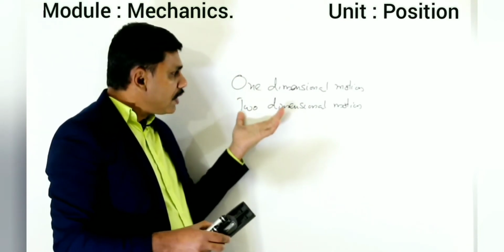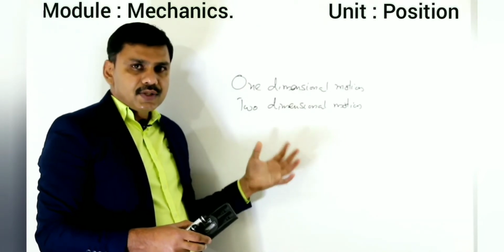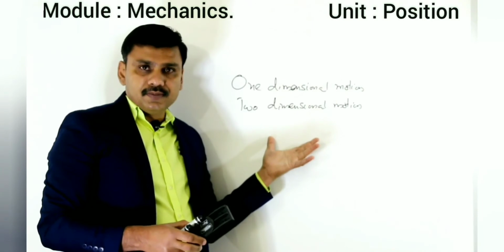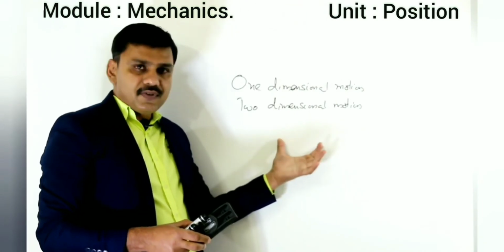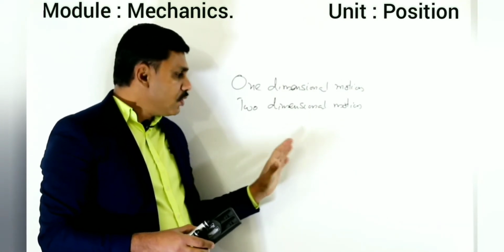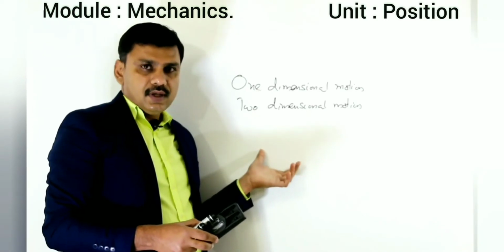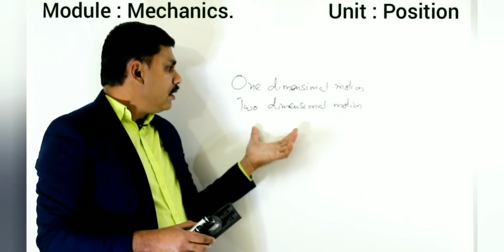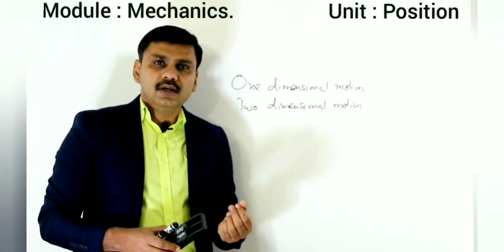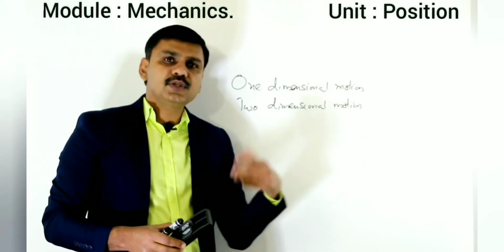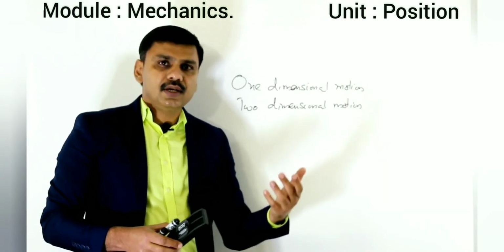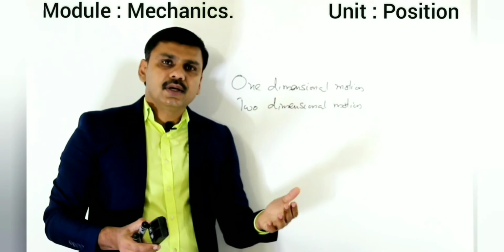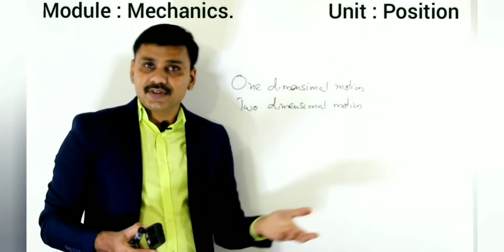So the motion of any object, for example a spider, on this surface is a two-dimensional motion. What do you mean by two-dimensional? If you take your photo, it is two-dimensional, because your photo is on a surface.